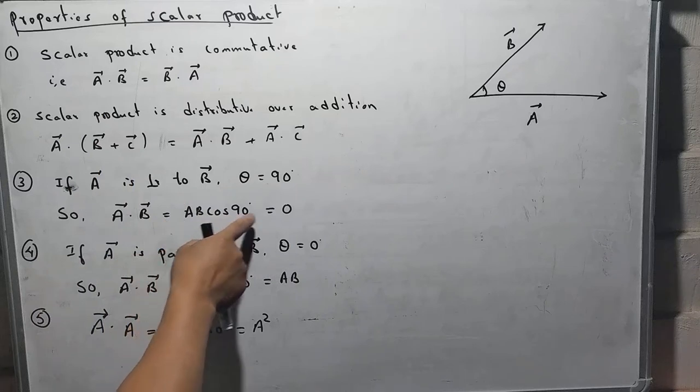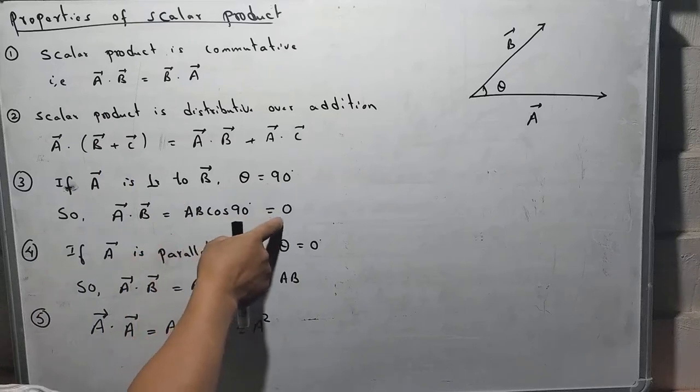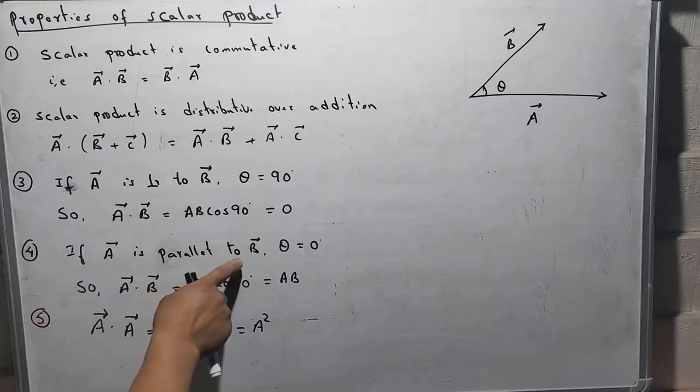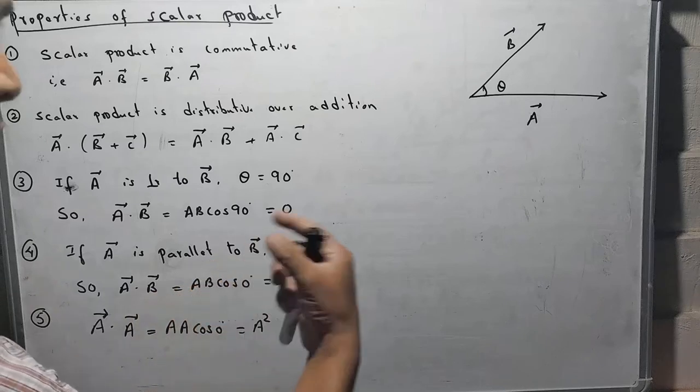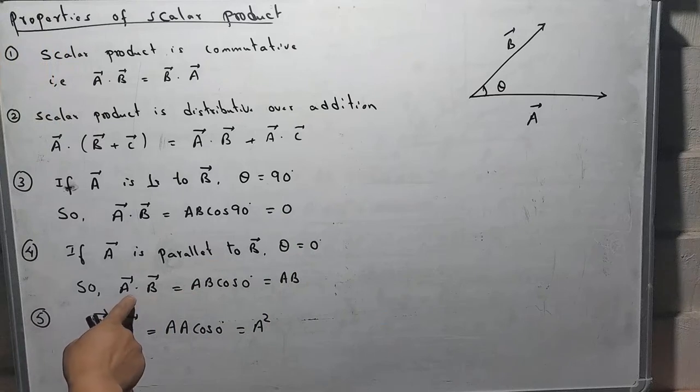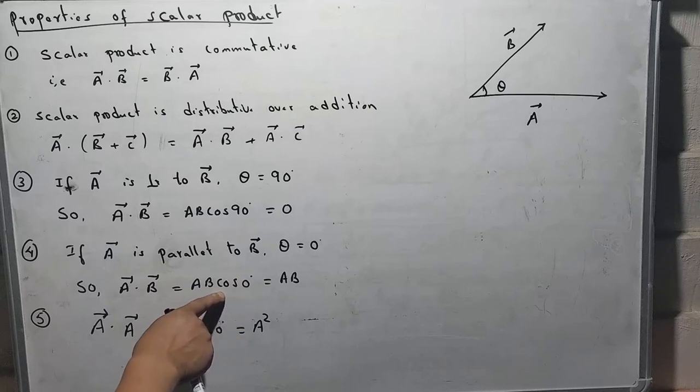And you know cos 90 is 0, so 0 times AB will be 0. Property number 4. If the vector A arrow is parallel to B arrow, in that case, theta is 0 degrees. So therefore, A dot B is equal to AB cos 0 degrees. And we know very well cos 0 is 1, so 1 times AB is equal to AB.